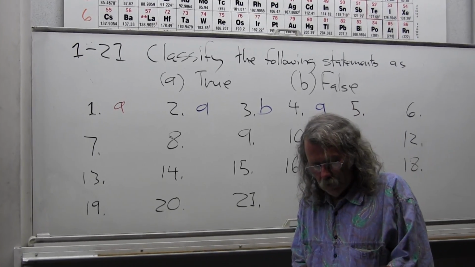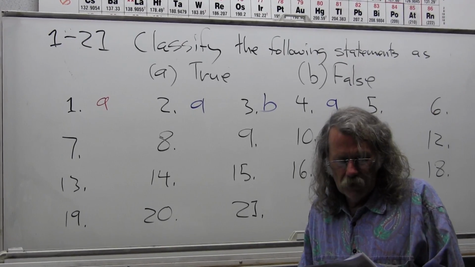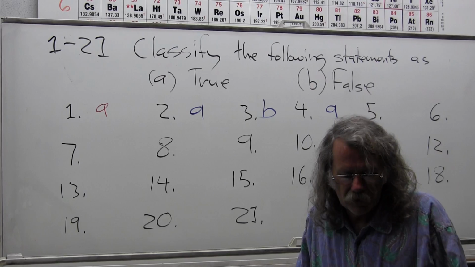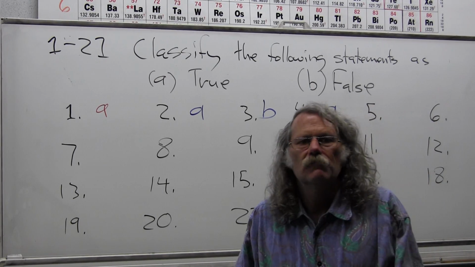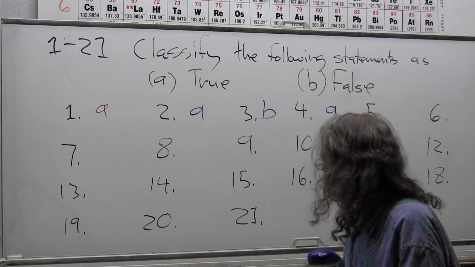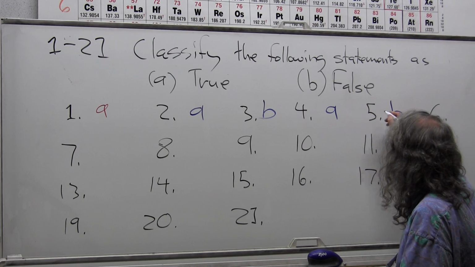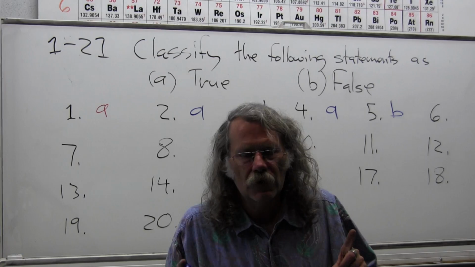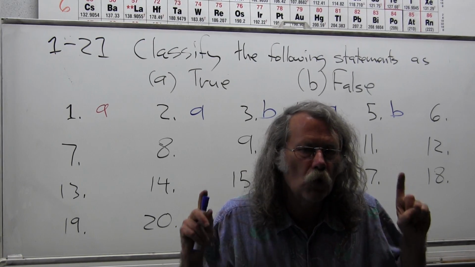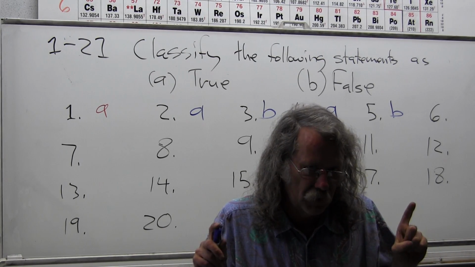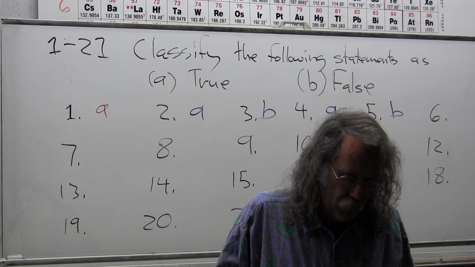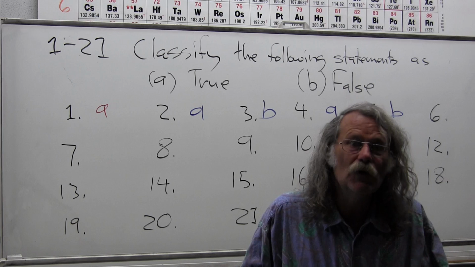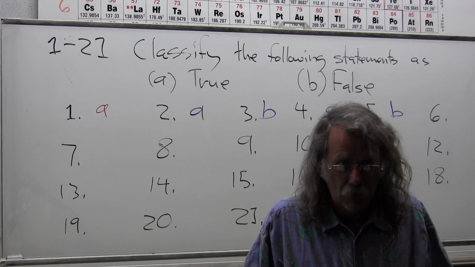Now, number 5. The molecular geometry is always the same as the electron pair geometry. Nope. That is absolutely false for the following reason. If there are no lone pair electrons on the central atom, then indeed the electron pair geometry will be the same as the molecular geometry.